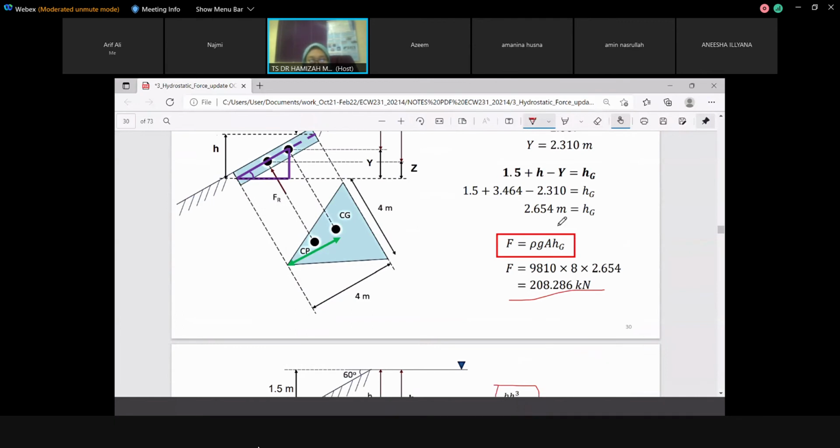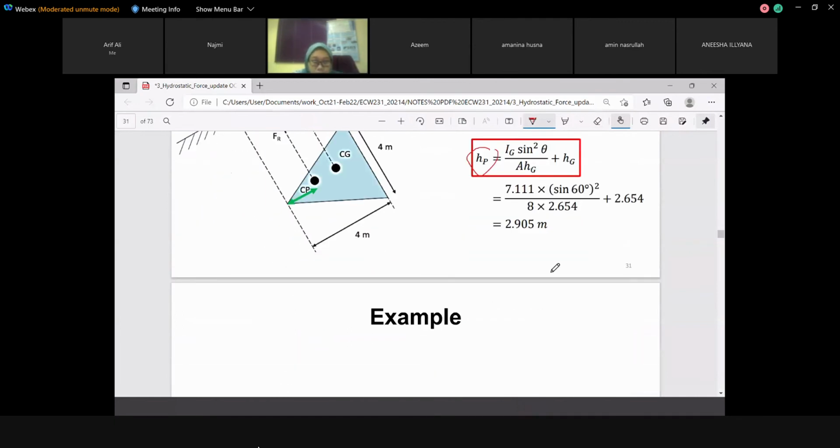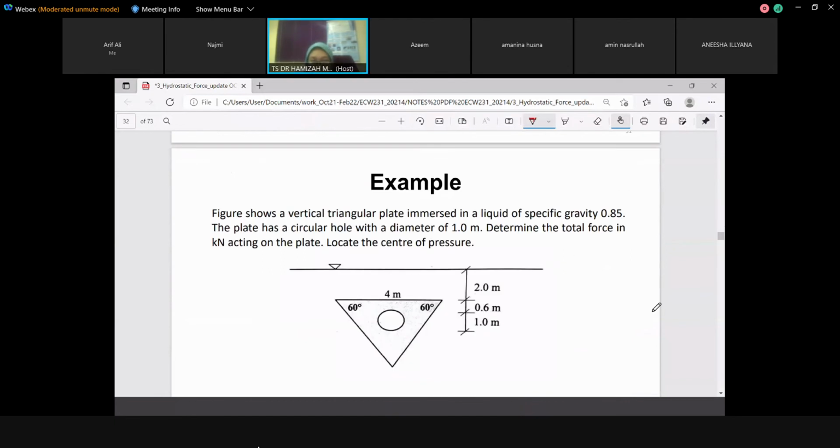Okay, what is the difference of this question? First ialah nilai CG dia. This one is 1/3. Another one, they provide the hole here.